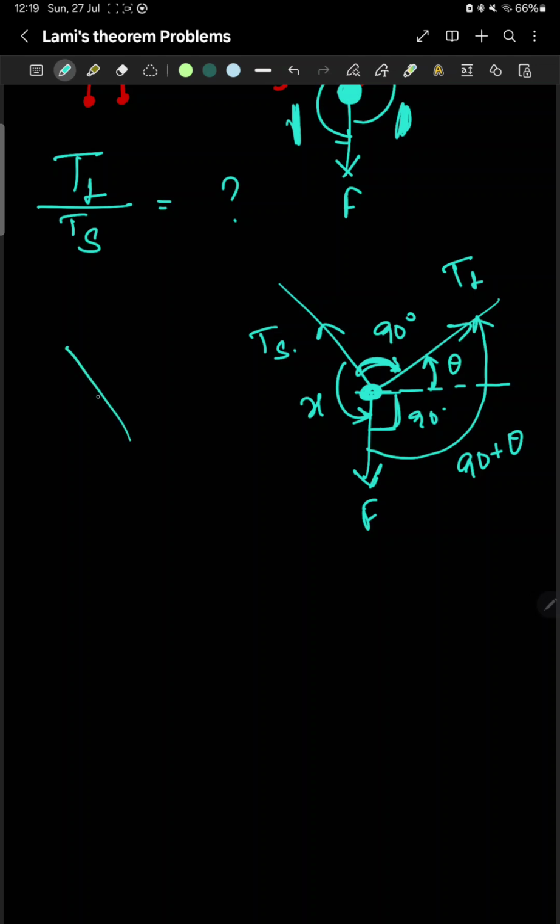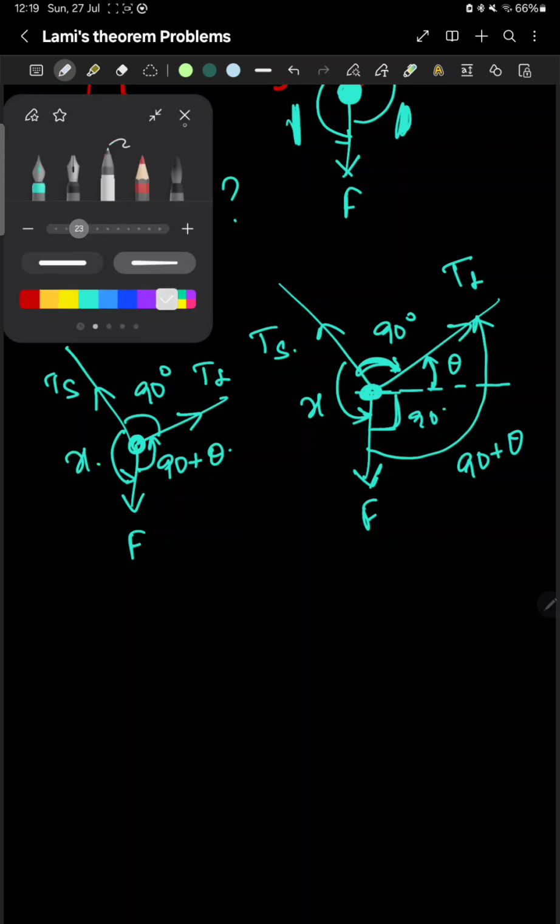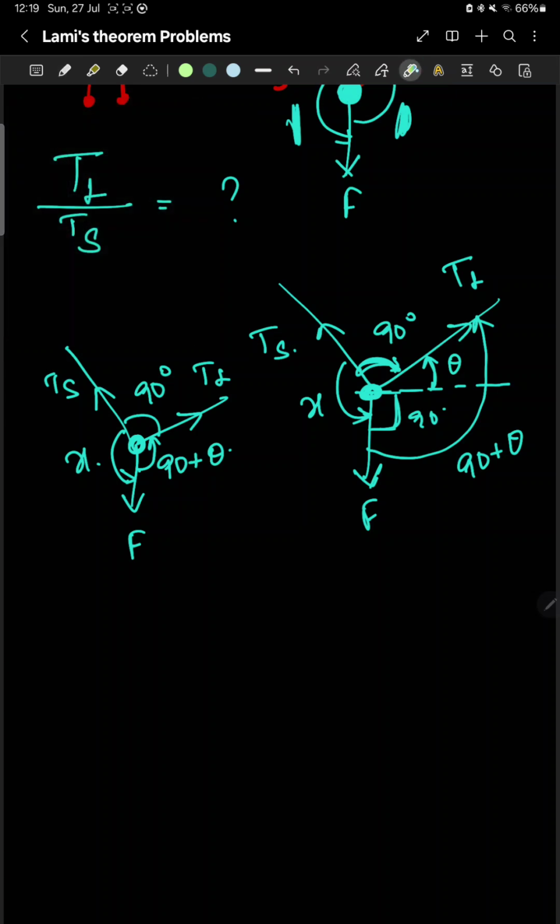Just I am again redrawing it. It will be the bob, and here the longer tension, the shorter tension, and the force downward. I know the angle is 90 degree, here I have considered it as 90 plus theta, and I don't know this angle, so let us consider that as X. We know that one complete revolution is 360 degree.